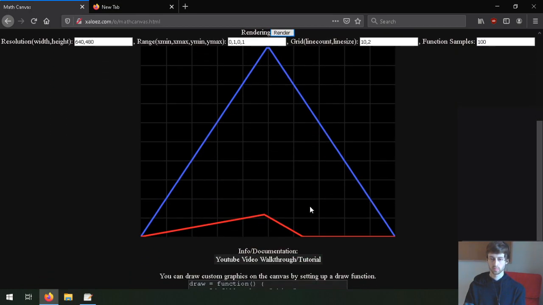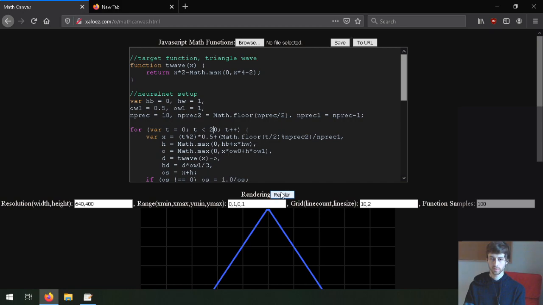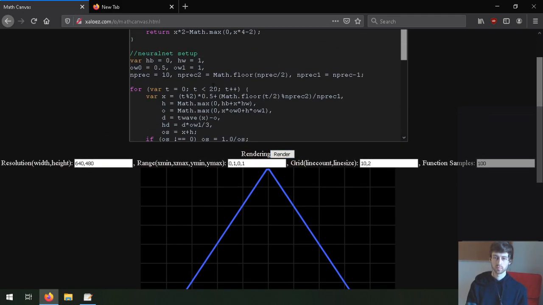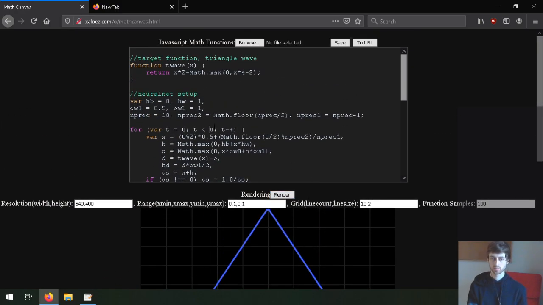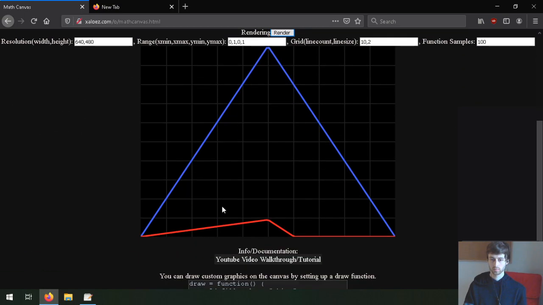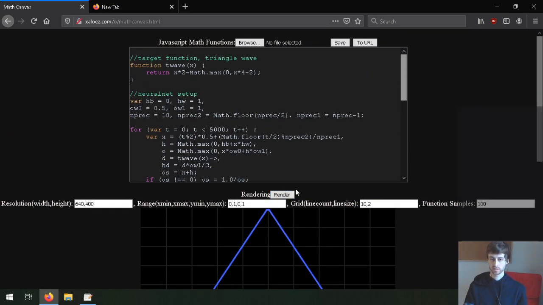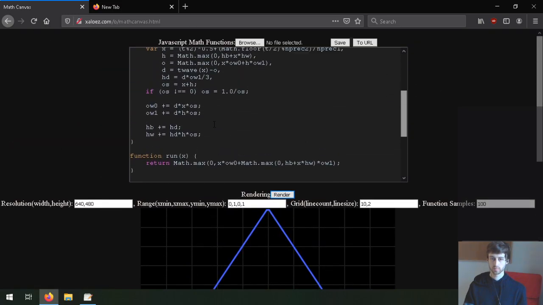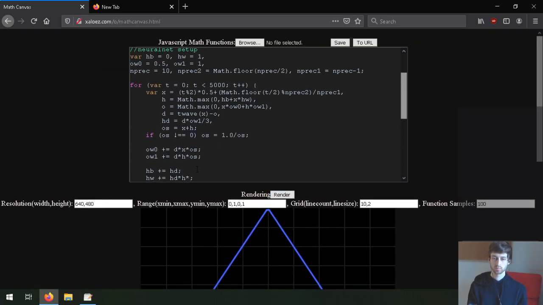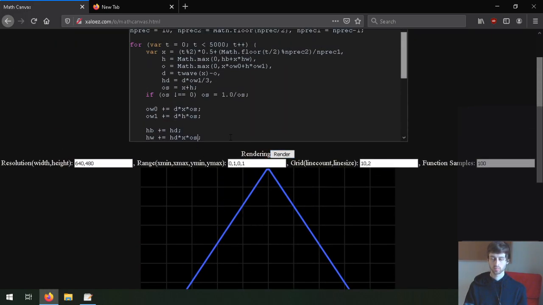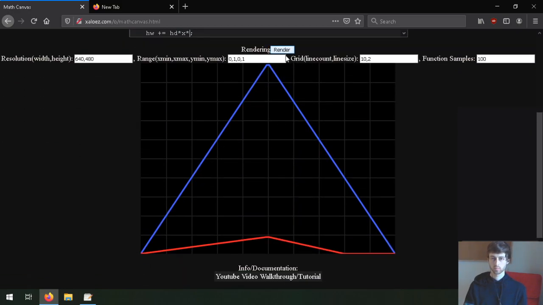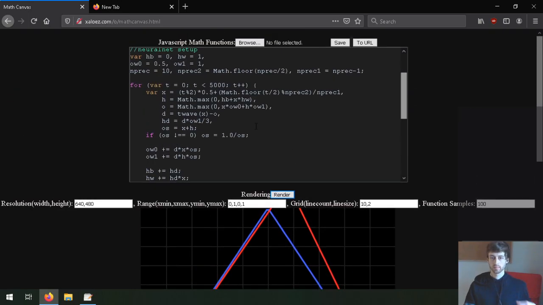Oh, we got it right there. Doing here, that's doing so well. Interesting, it gets stuck though. There we go, that nearly trains.